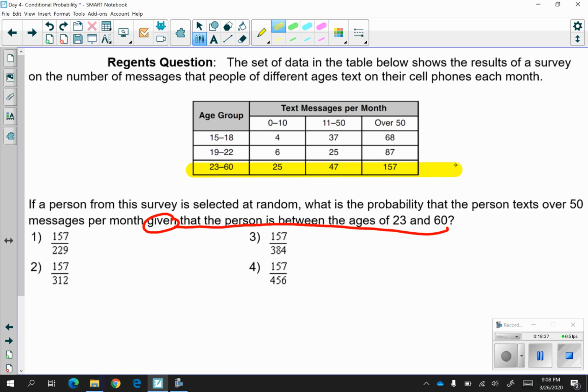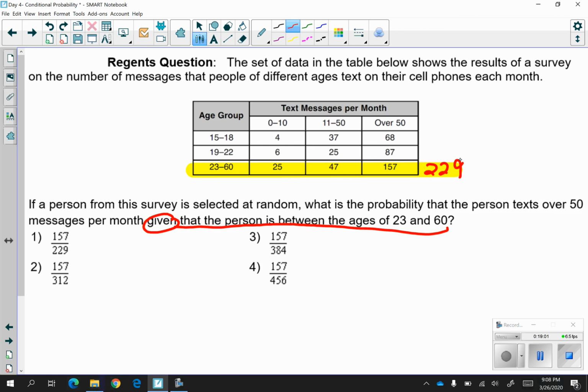You should know that we are missing our total, so you have to go and fill it in. And your total for that column is 229. Now, if you don't have highlighters, what I suggest you do is you go and box in either the column or row that you're looking at.